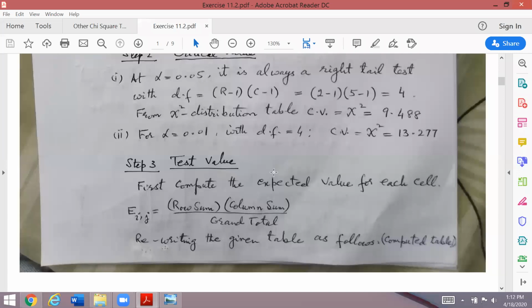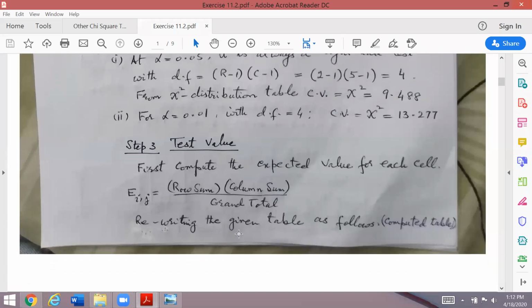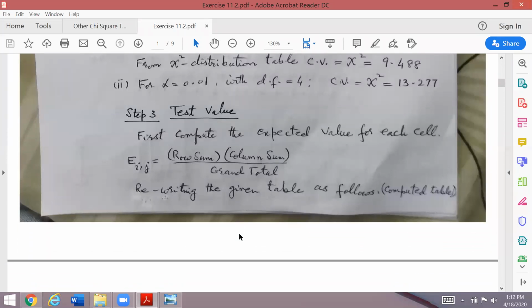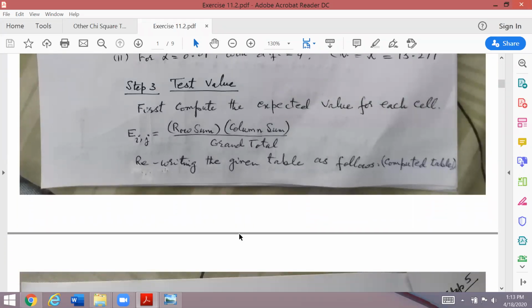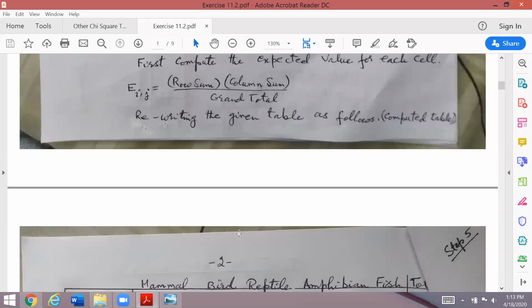First we compute all the expected values for each cell, for every value in the data. The general formula is Eij, where i is for the row and j is the column: row sum times column sum divided by the grand total. I have already told you. So we are going to rewrite the given table in a computed form, inserting all that we compute.